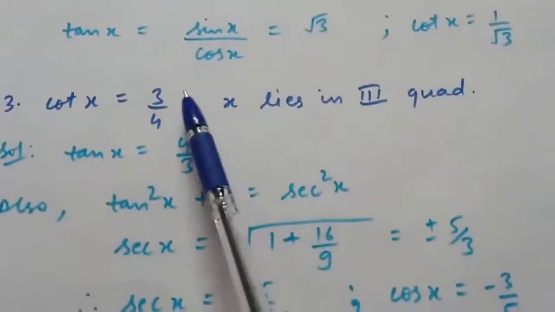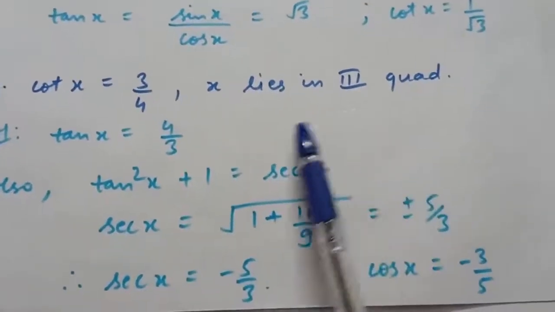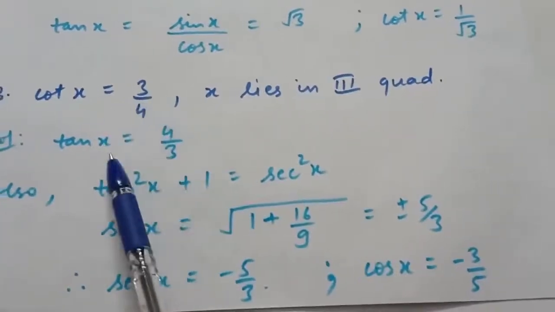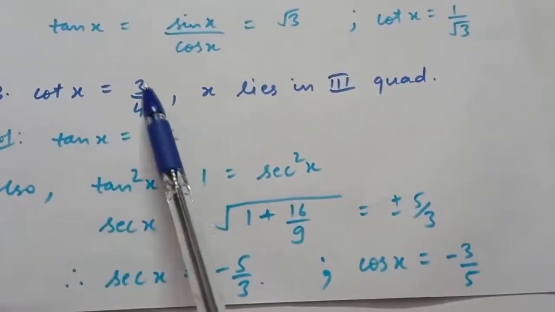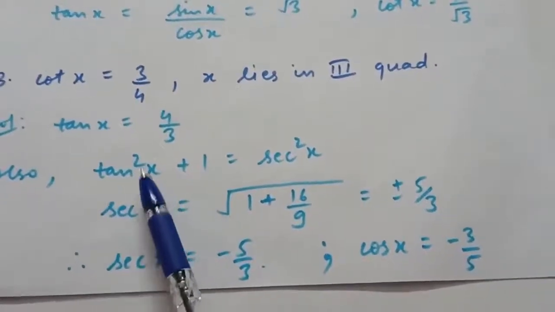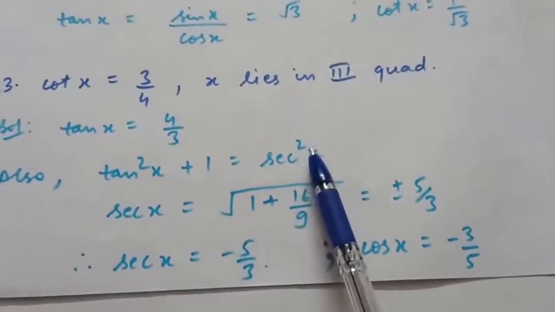Now third question, cot x is equal to 3 by 4, x lies in third quadrant. So only cot and tan will be positive. Cot is already given, tan x will be reciprocal of this, 4 by 3. Now we know this identity that tan square x plus 1 is equal to secant square x.